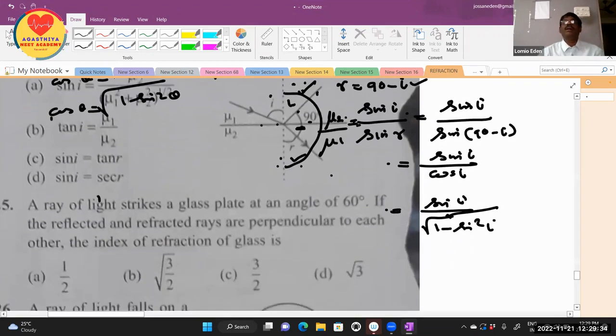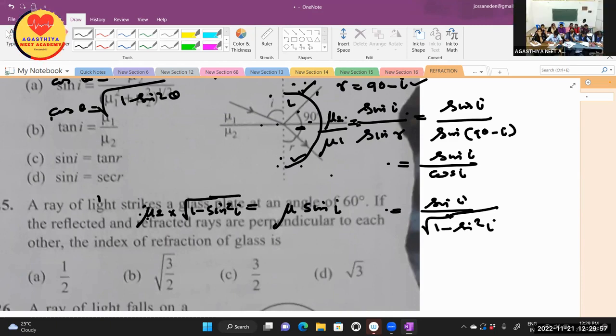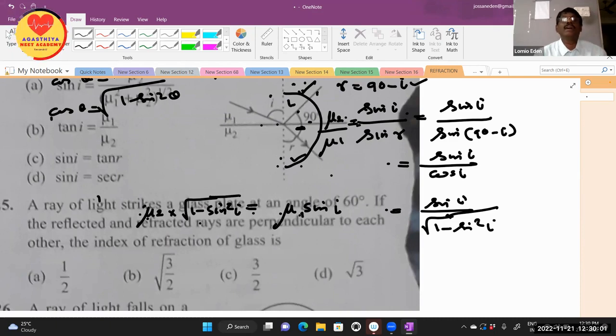Here, the left hand side is equated with mu2 divided by mu1. Mu2 into root of 1 minus sin squared I is equal to mu1 sin I. Both sides, let us square the value.